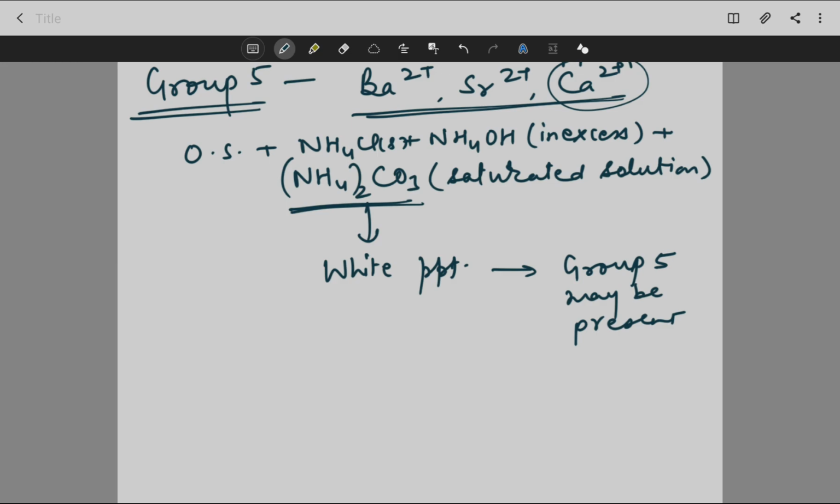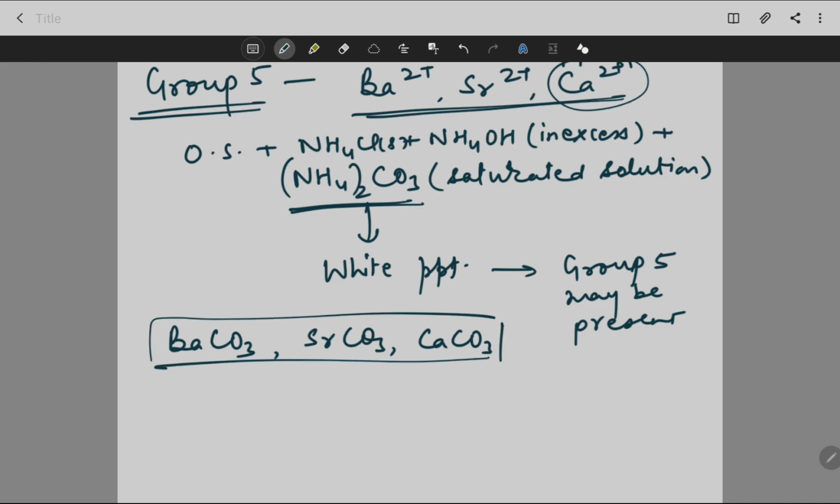That is how the solubility product of the group carbonates, barium carbonate, strontium carbonate and so on, is exceeded, and the group is precipitated as carbonates. So all three give a white precipitate.